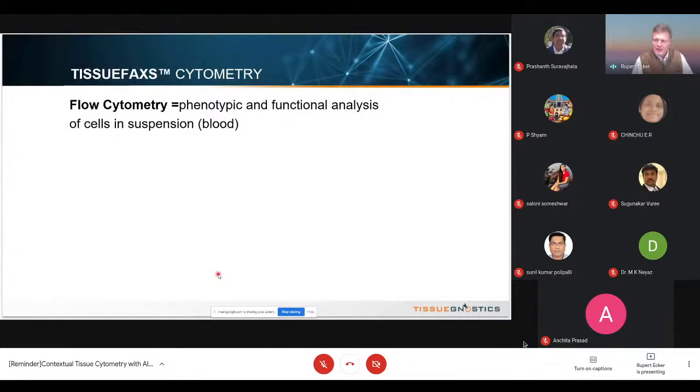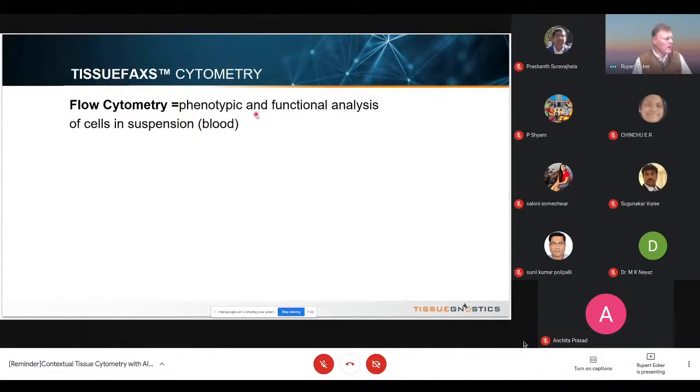There is, in fact, a number of well-established technologies that can be used in order to quantify cellular markers, both on the protein as well as on the mRNA or DNA level. One such technology that has been available for decades is flow cytometry. If you go to PubMed and search for this term, flow cytometry or FACS, you will literally find hundreds of thousands of publications.